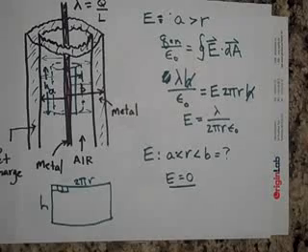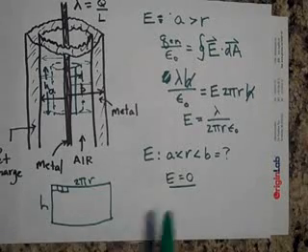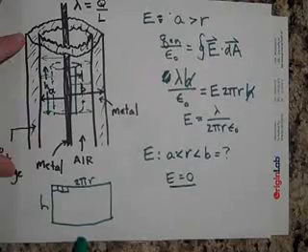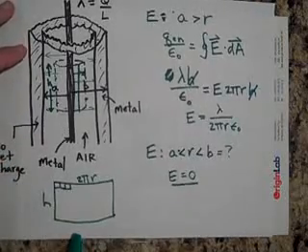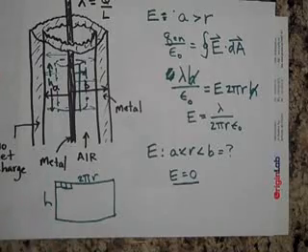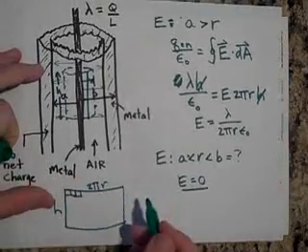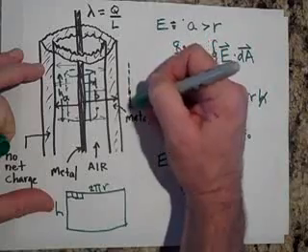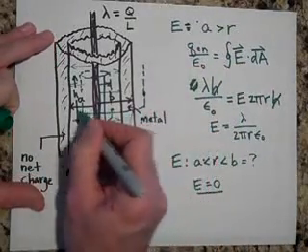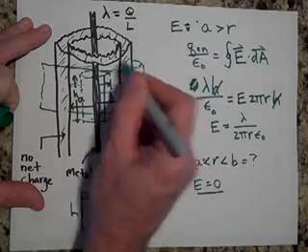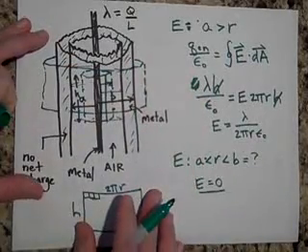All right. So the next thing is now we want to get the outside. So what would be the outside? Well, there's no net charge on this thing. And so the outside, if I wanted to know the field there, I'm just going to put a Gaussian surface here. A cylinder, like such.